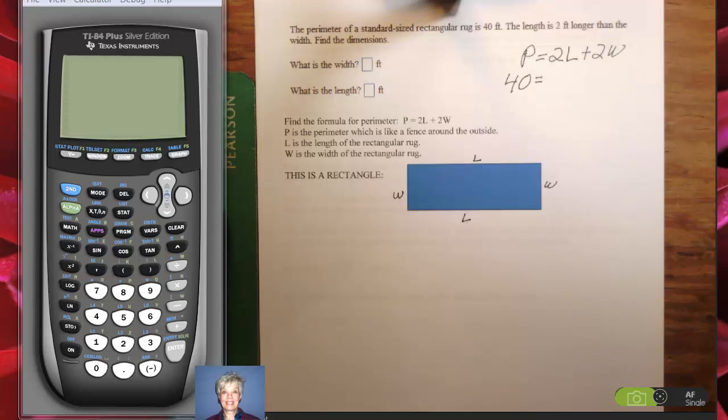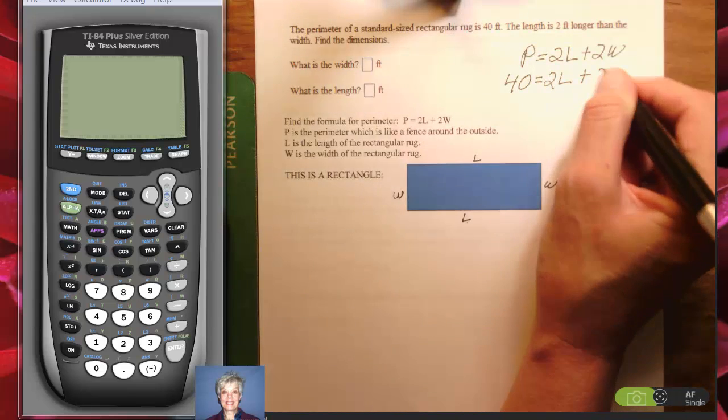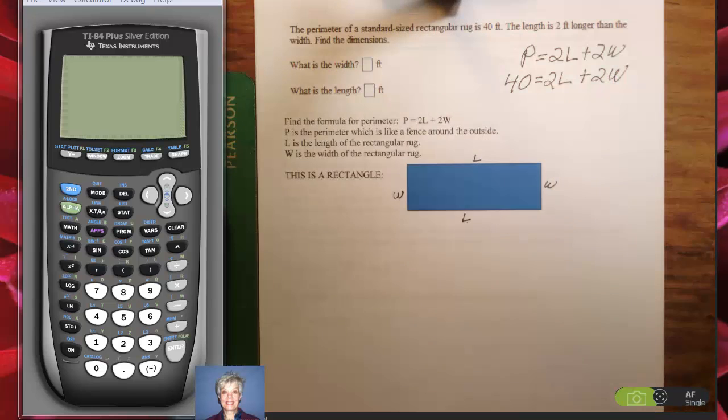There's a trick to that, and the trick is this. We have to convert this equation that now has 2 letters in it, 2 variables, an L and a W. We have to convert that so that it only has 1 letter in it. Then we can solve it. And notice that we're given a way to convert.